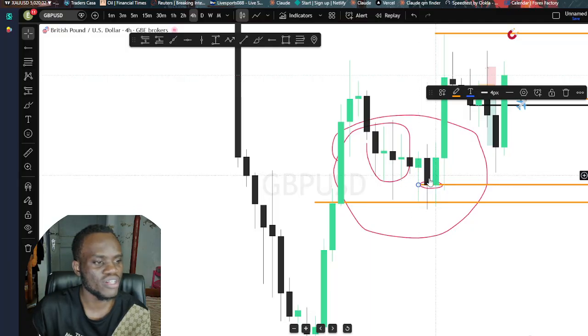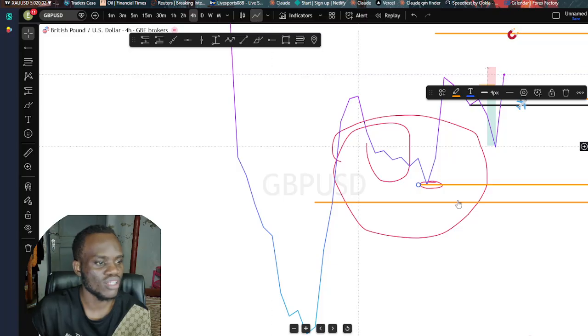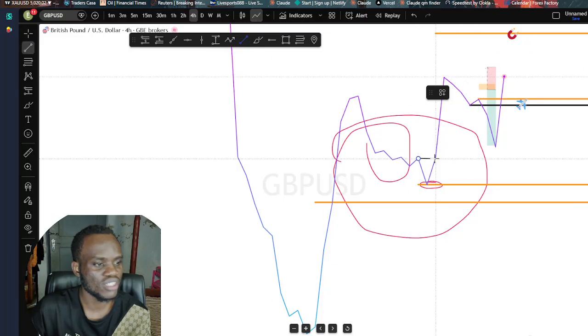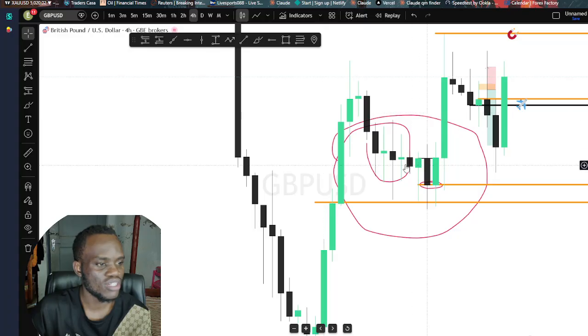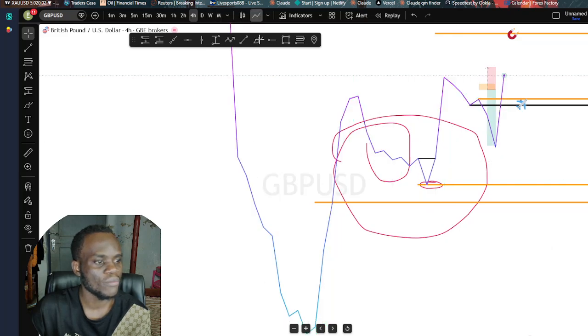Once the market formed a resistance zone, you can see that the market broke structure around here, in this candle. You could see in the line chart here, it broke structure.